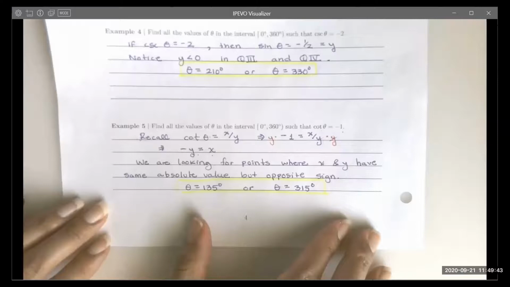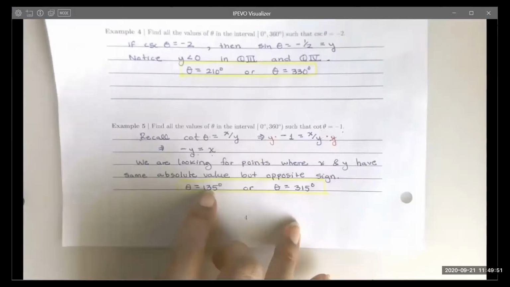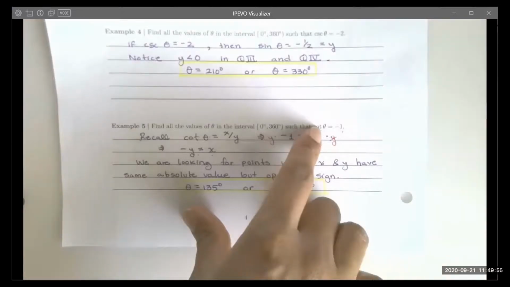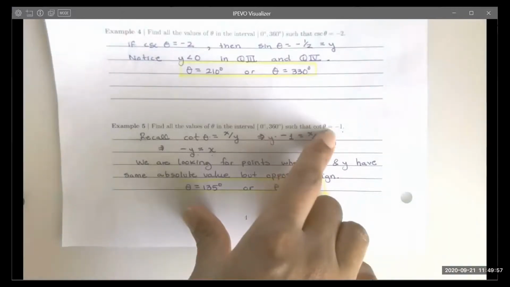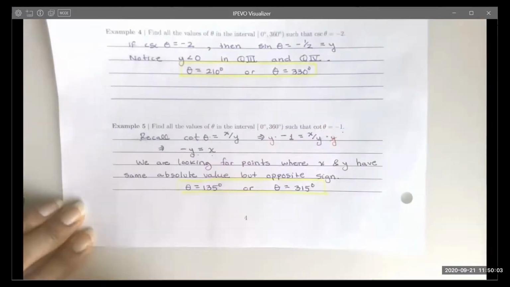Right. Now for these 3 examples, example 3, 4, and 5, you can always check your work by plugging these angles back into the original equation and making sure they satisfy what's given here. So I'm going to show you how to do it quickly on the calculator just so that we don't spend too much time on it.